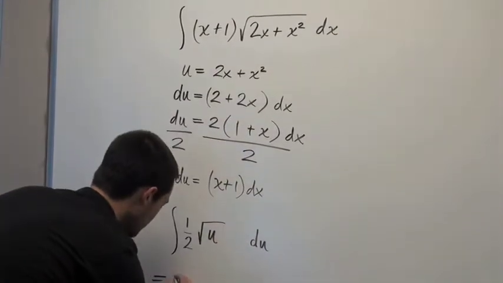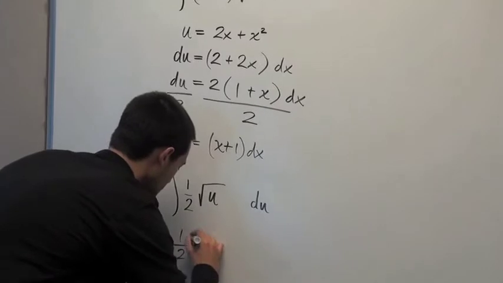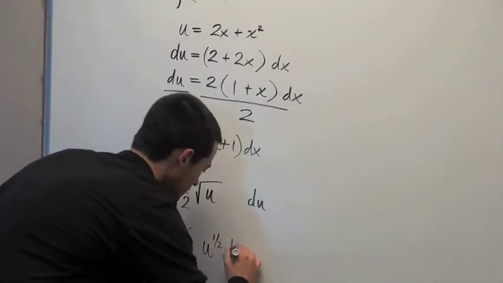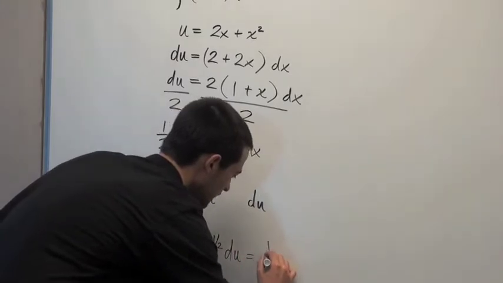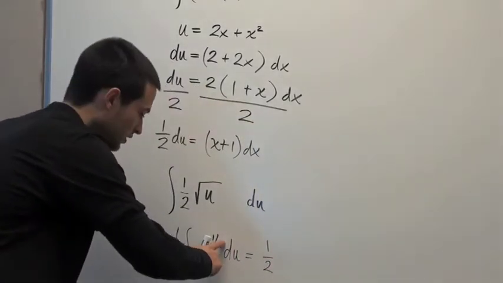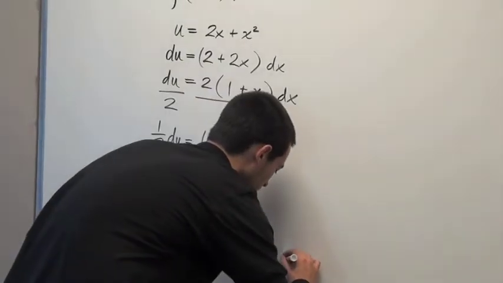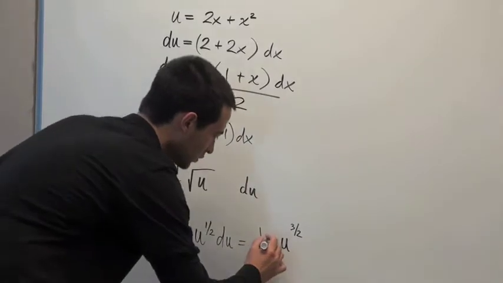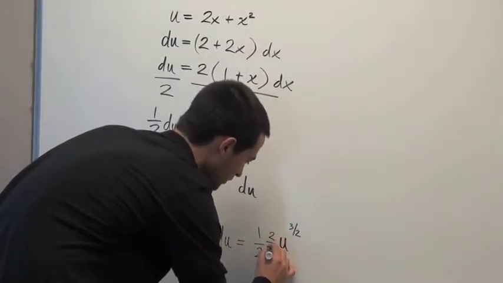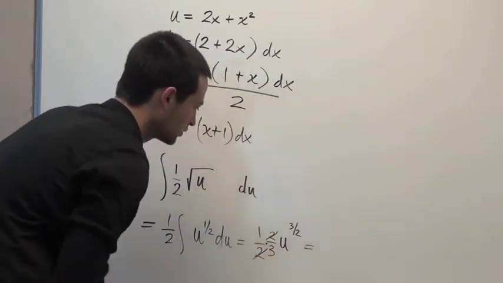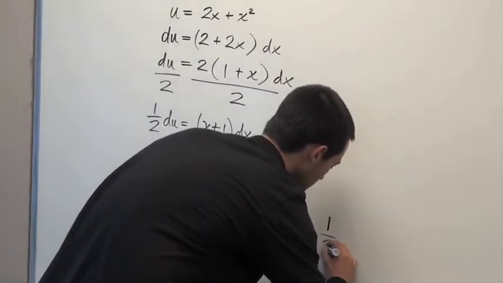So simplifying this, we have 1/2 times the integral of u to the 1/2 du, which is 1/2 times, we add 1 to the exponent, so u to the 3/2, and then divide by 3/2 or multiply by 2/3. So here the 2's cancel, so we have 1/3.